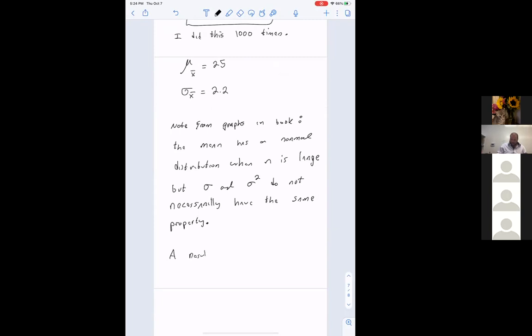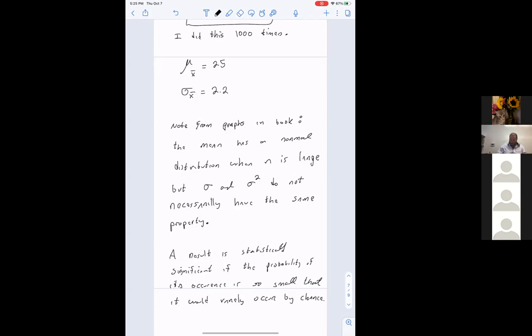Hopefully. A result is statistically significant if the probability of its occurrence is so small that it would rarely occur by chance.